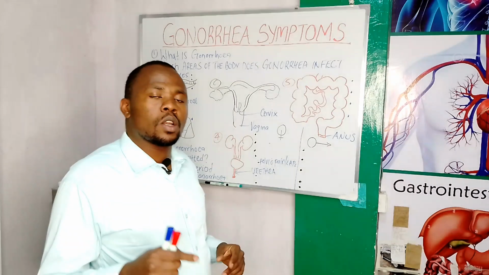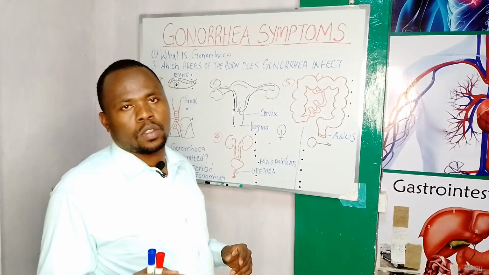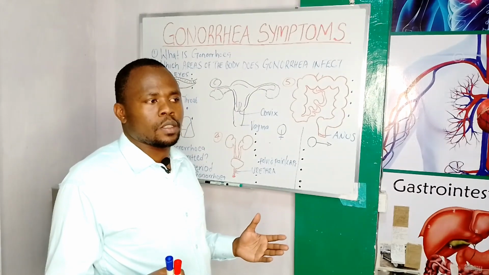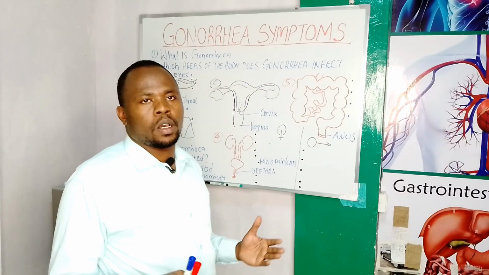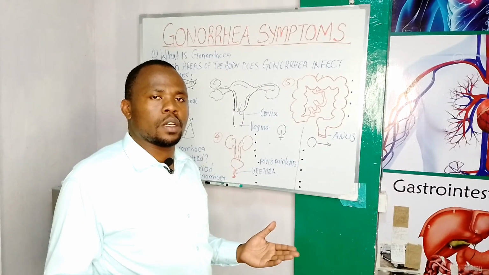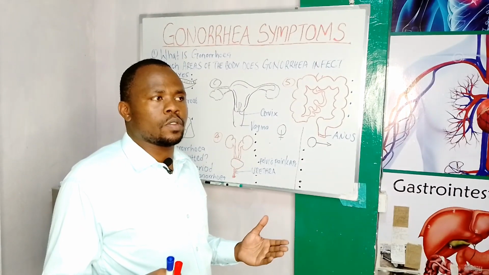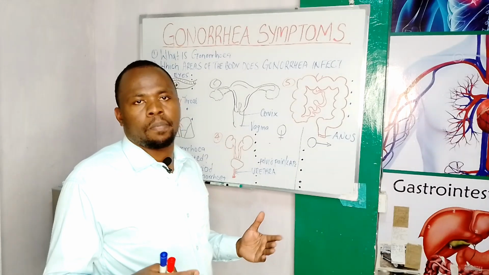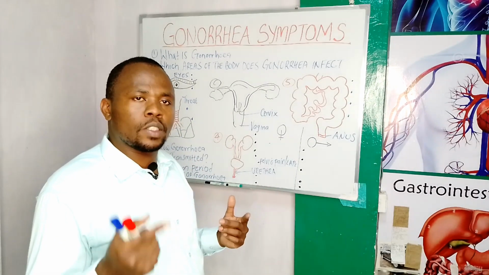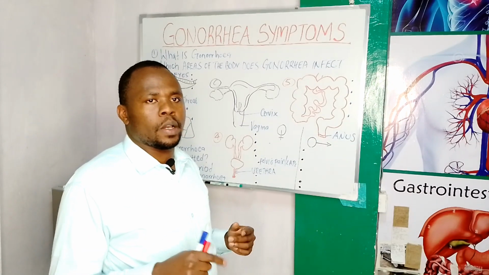And gonorrhea can also affect the eyes of adults. For example, you are having sexual intercourse and one of you happens to touch the genitals of your partner, then by mistake you rub your eyes, so you will infect yourself by that method.